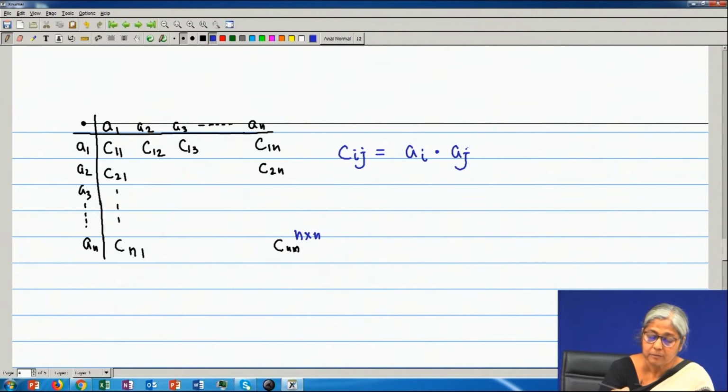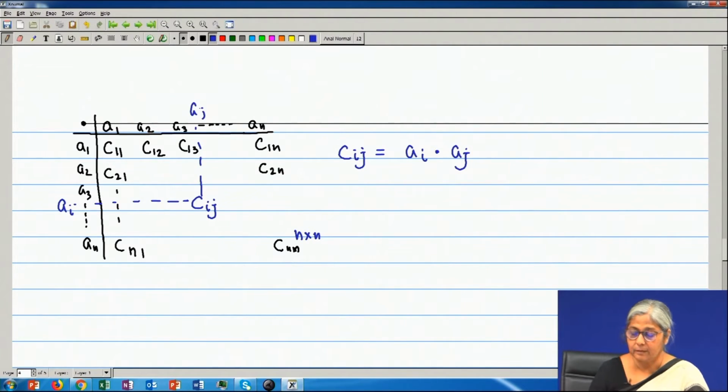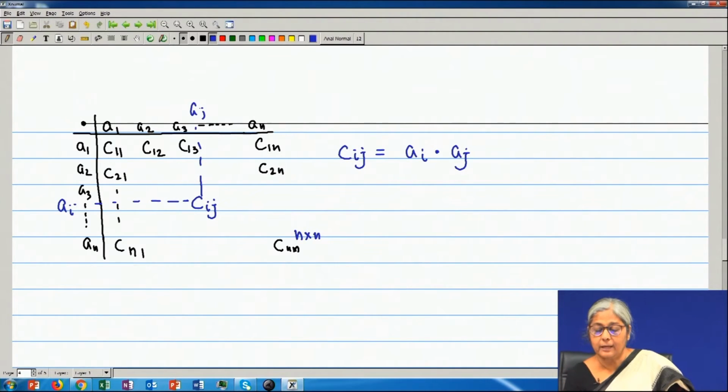That means, if I consider some Cij here, I will be getting the element Ai and some Aj. So, Cij is Ai dot Aj.